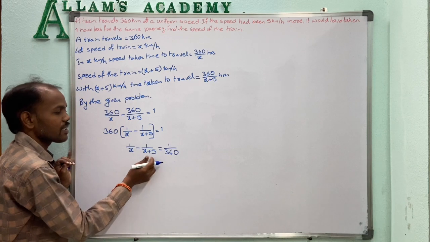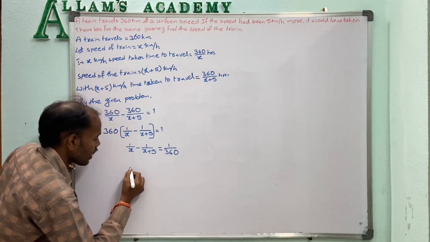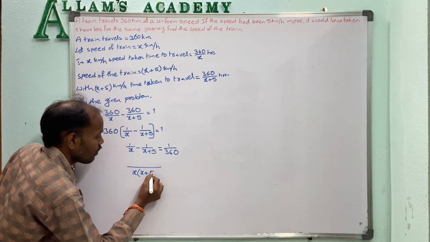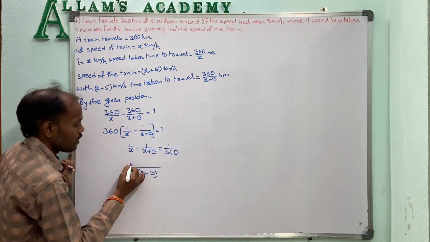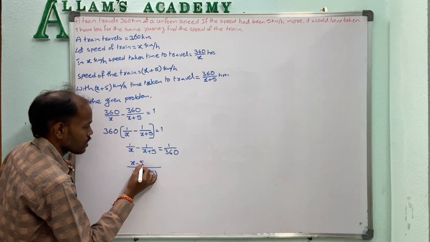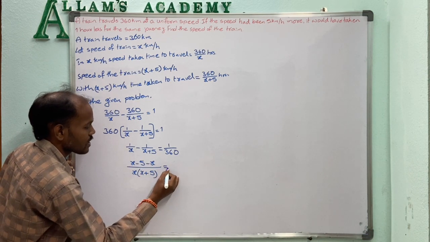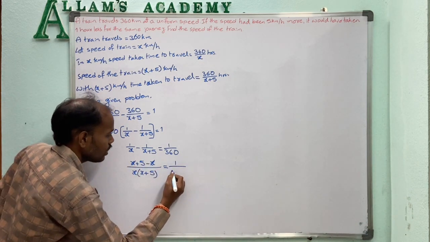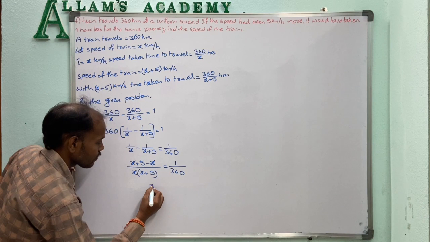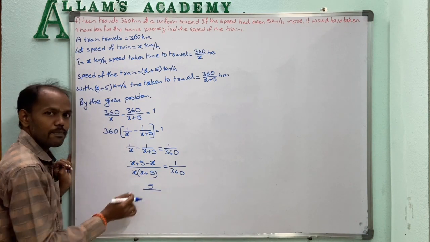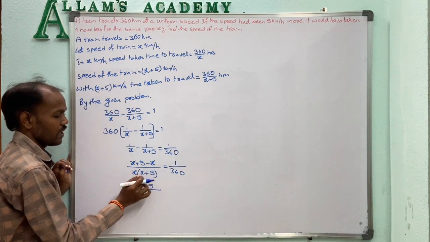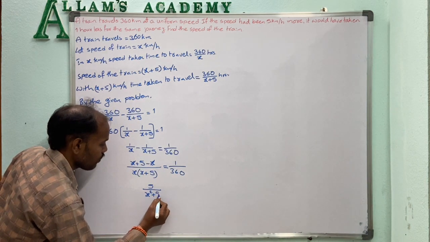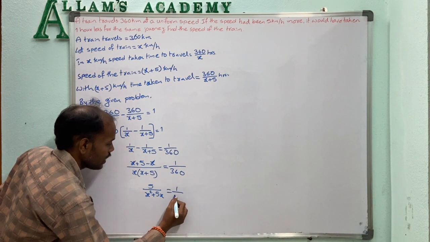Now the remaining one is 1 by x minus 1 by x plus 5. The denominators are x and x plus 5, so the LCM is x into x plus 5. The numerator becomes x plus 5 minus x. So x minus x gets cancelled, that means 5 by x into x plus 5. And x into x plus 5 is x into x is x square plus 5 into x is 5x, equal to 1 by 360.